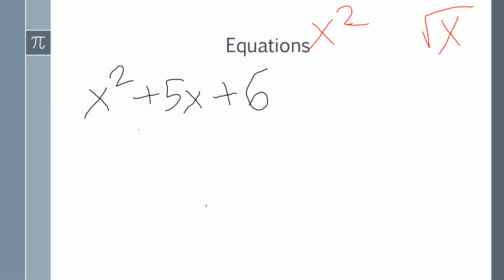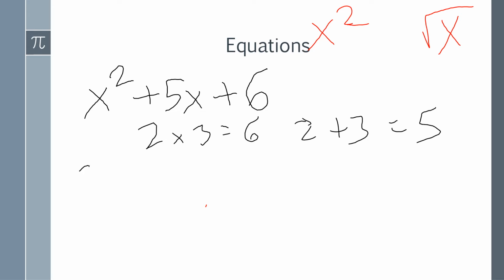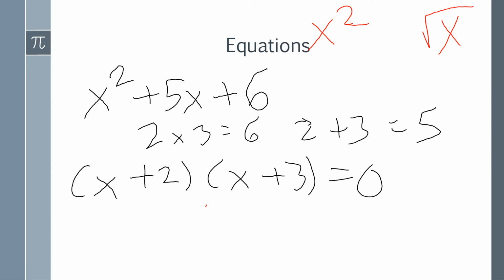So 2 times 3 is 6, but 2 plus 3 equals 5. So you write it in factored form, x plus 2, x plus 3, set equal to 0. When you solve both of these, x equals -3 and -2.